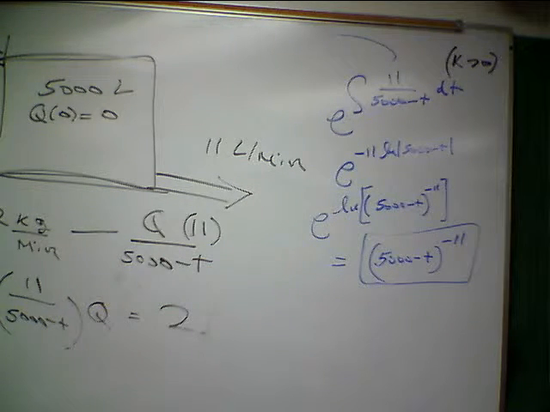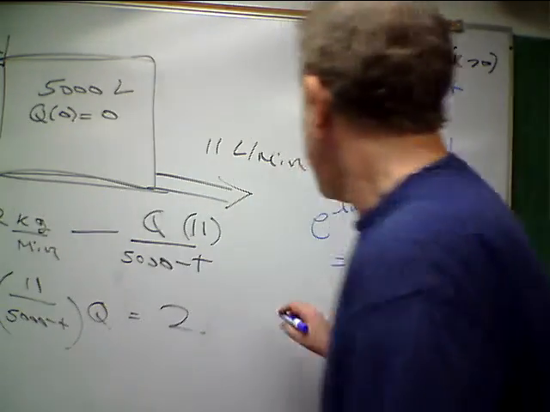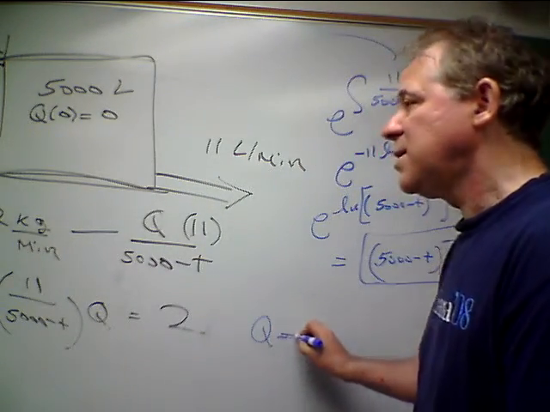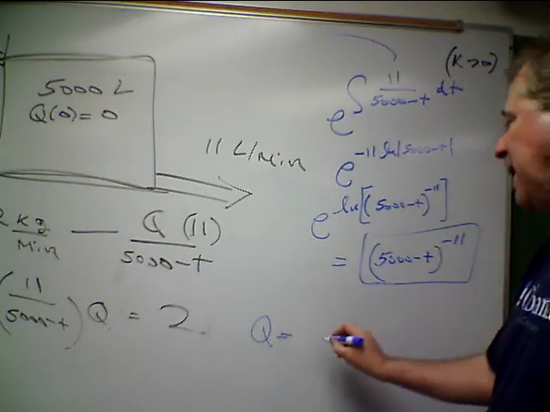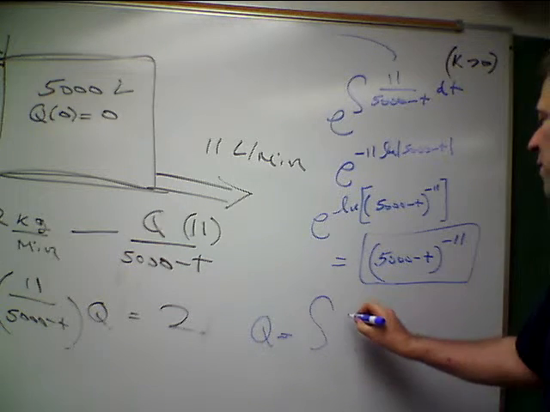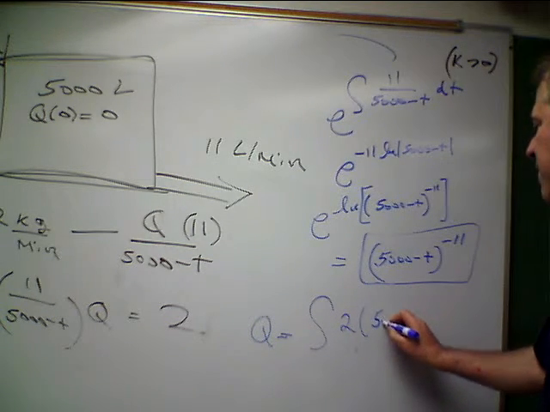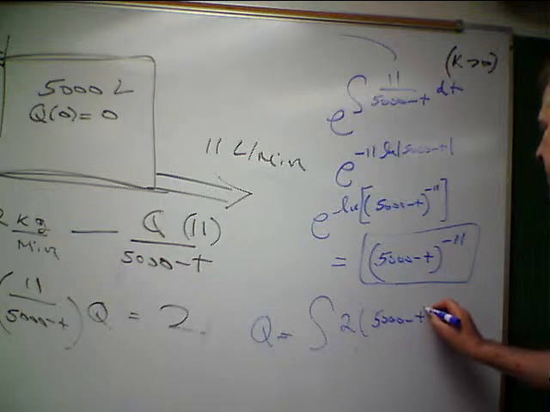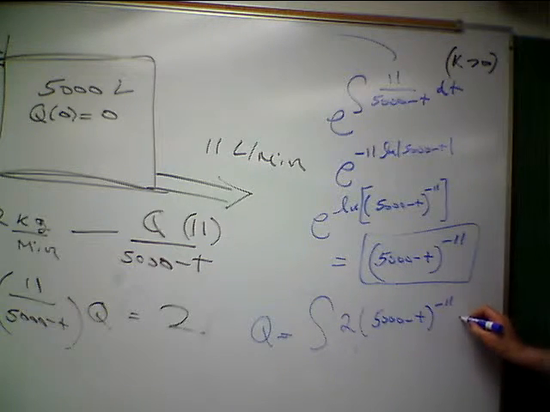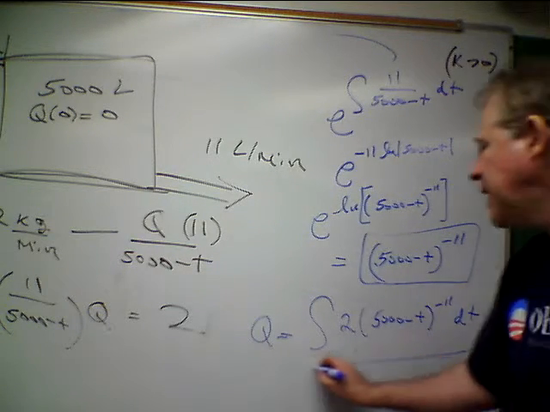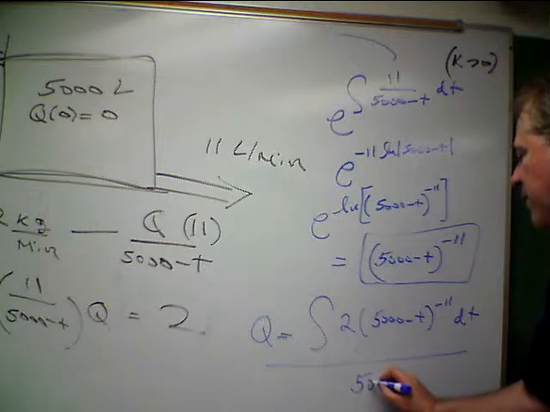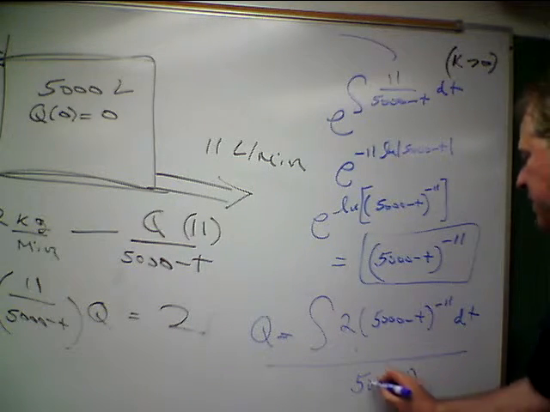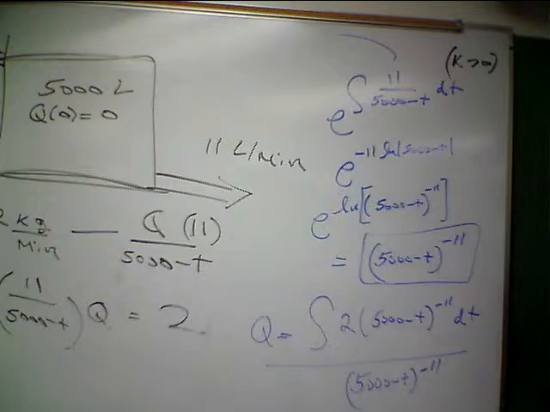So it's telling you that the solution is going to be q equals the antiderivative of 2 times 5,000 minus t to the negative 11 dt divided by itself, 5,000 minus t to the minus 11.